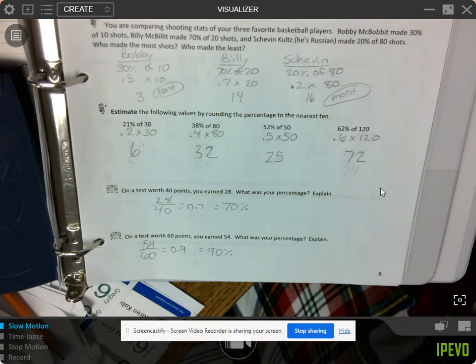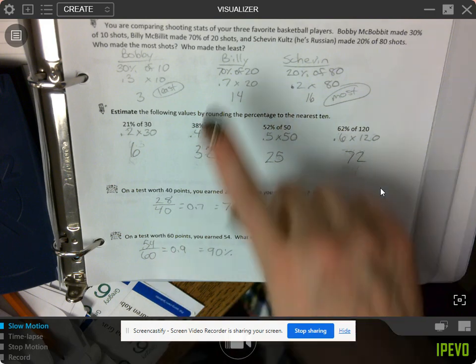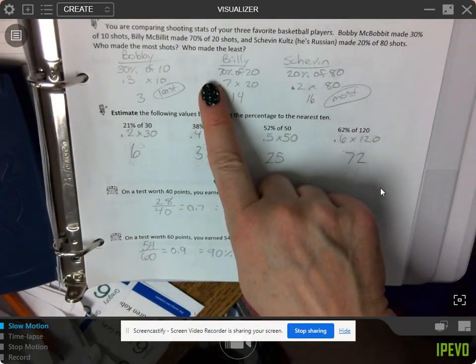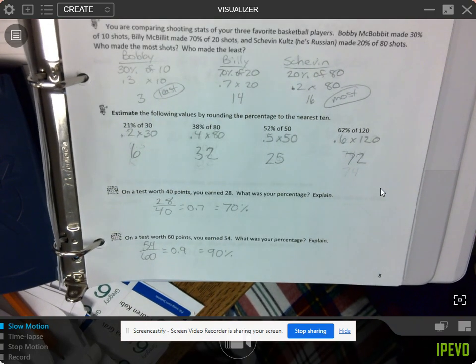Claire, were you in class yesterday? Because we did this together, and I talked about it. Yeah. Because I talked about, we did the tip one together. Then I explained how to do the Bobby, Billy, and Chevin. And then I talked about the estimating.